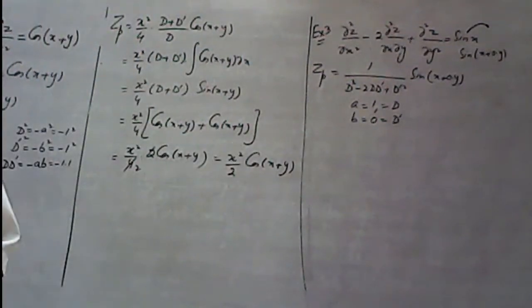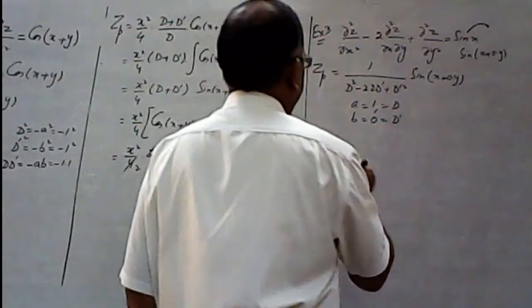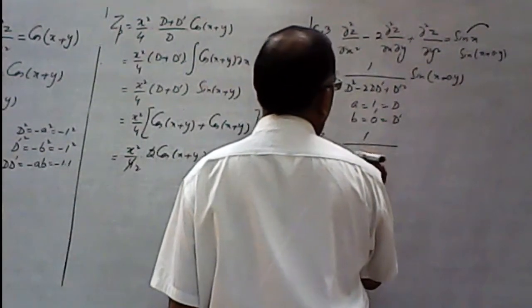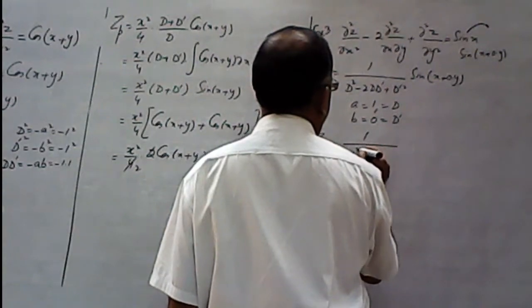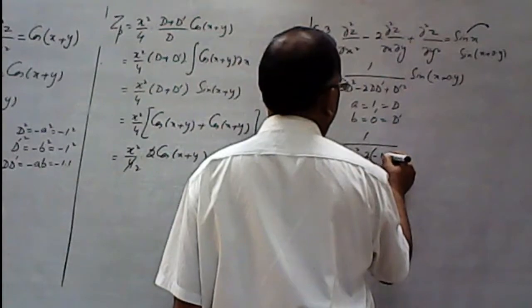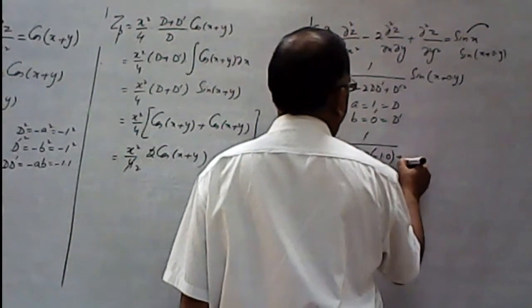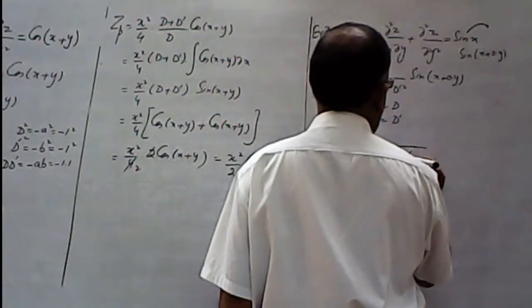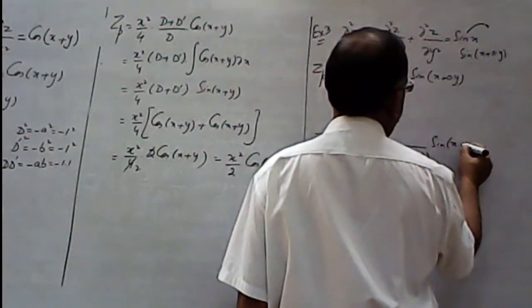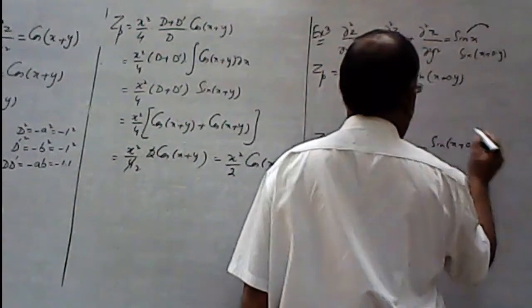So how will we substitute these values? We said that Zp is equal to 1 upon D square means minus a square, minus 2D into D dash means minus 1 into 0, and plus minus 0 square, and this is sine x plus 0y.